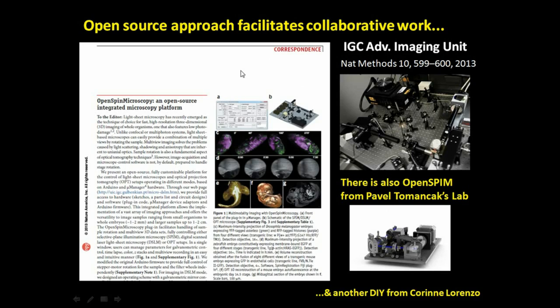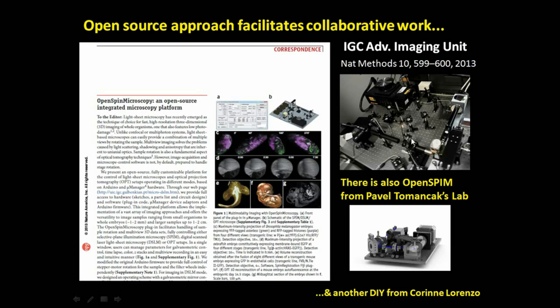So this is the small correspondence that was featured in Nature Methods last year, which the reference to it is here. This is the example of the OpenSPIN system, as I mentioned. Pavel Tomancak also has developed this, and even Corina Lorenzo has done online versions of how you do your own SPIM system. So one of the advantages of the OpenSPIN system, the platform that we developed, is that it's really fully open source.